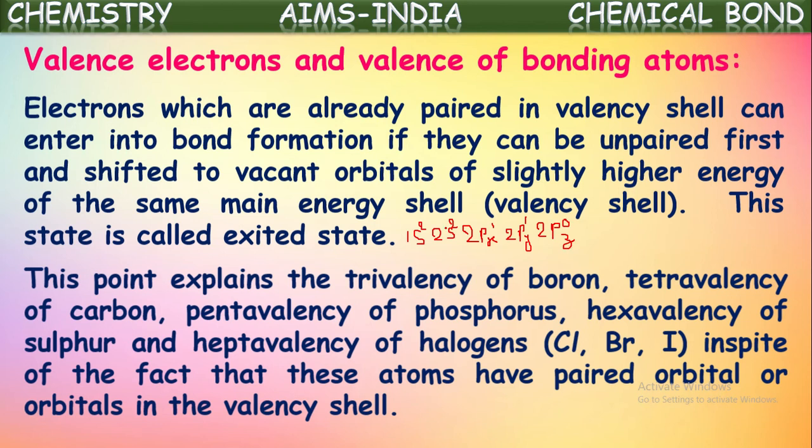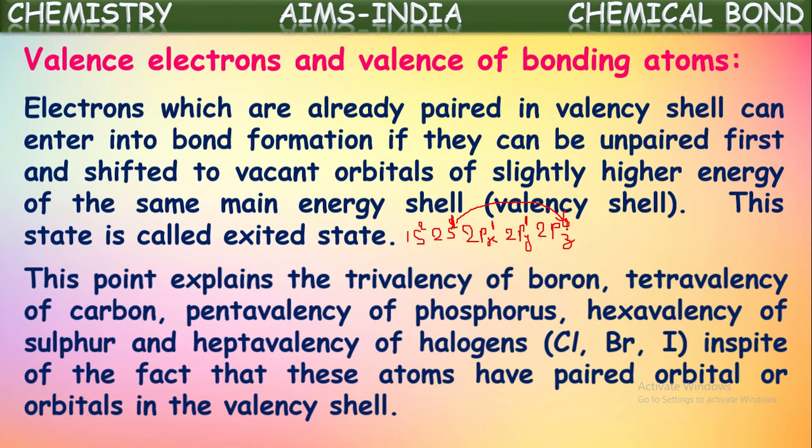Now how many single electrons are there for carbon? Only two electrons. So it should actually form only two bonds. But in the case of carbon, while it is going to participate in bond formation, it absorbs a certain amount of energy initially, and the paired electrons in the valence shell split, and one electron from the 2s orbital jumps to the 2pz orbital.